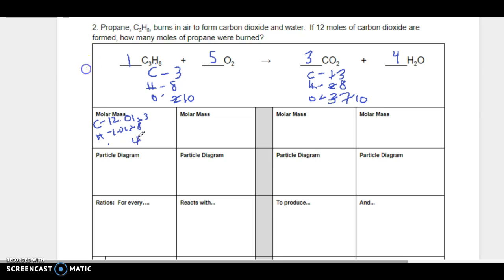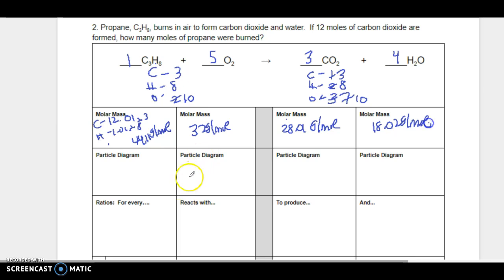Okay, so this is 44.11 grams per mole. Okay, O2 molar mass is just 32 grams per mole. Okay, CO2 is 16 plus 16 plus the carbon is 12.01. So I've got 28.01 grams per mole, and water is 18.02.